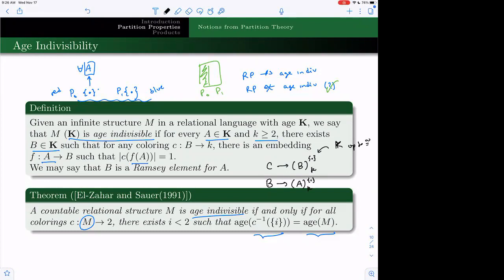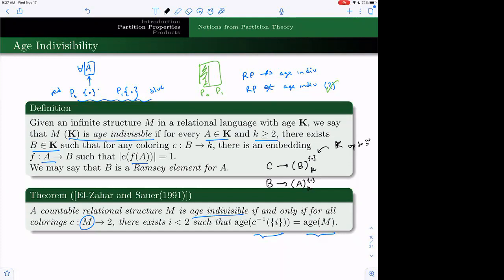But how do you use the transitivity in the end to show that actually you get the same age? No, so transitivity implies that coloring points and coloring the structures is the same as coloring the unique structure of size 1, right? So in the Ramsey property, you are coloring structures or embeddings of structures, right? And in that case, age indivisibility is like saying that the Ramsey degree of this unique structure with 1 point is 1.